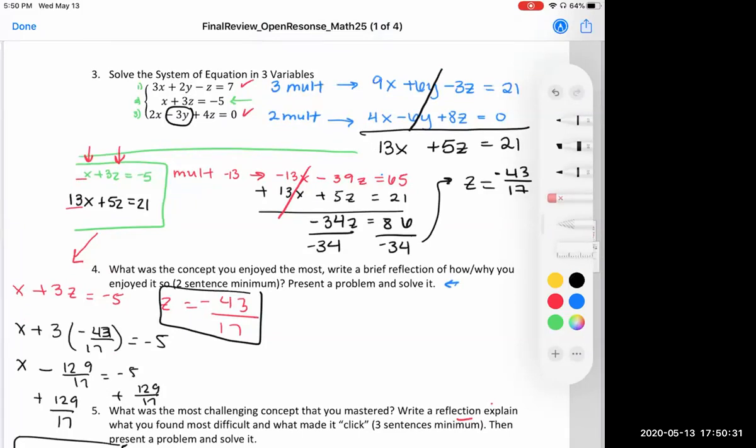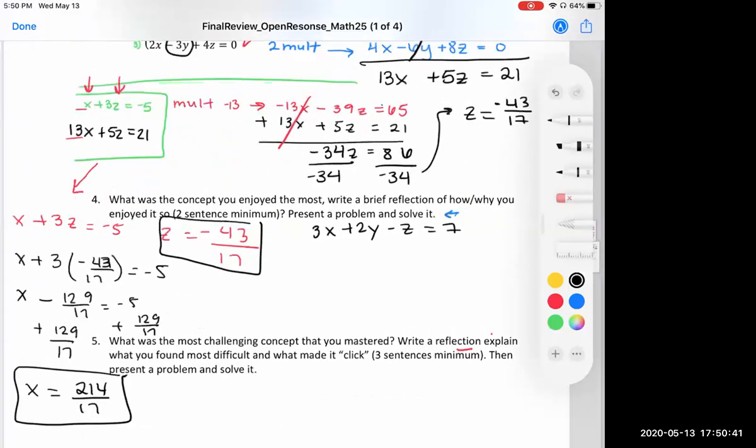That first equation is 3x plus 2y minus z is equal to 7. And now I know that x is 214 over 17, so 3 times 214 over 17 plus 2y minus z, where z is negative 43 over 17, is equal to 7.